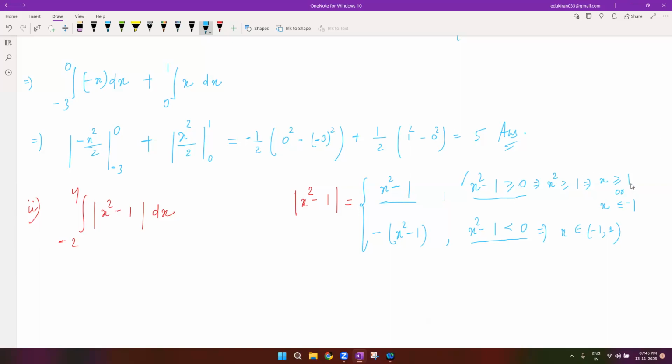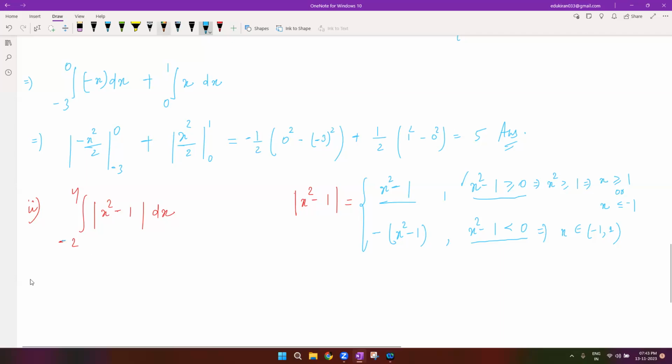And then again, when x is greater than or equal to 1, the value would be x square minus 1. Now check the limits. We have limits from minus 2 to 4, which means that for the values of x from minus 2 to 4, I want to integrate this function. But this function changes its expression in between minus 2 to 4.